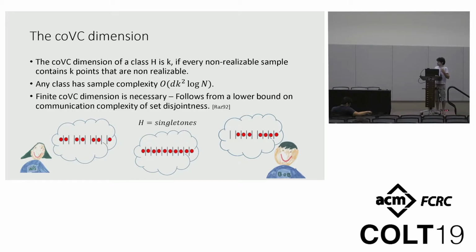If they could learn this class, basically what it means is that they can decide if together they have the whole sample labeled as red. In that case, the sample is not realizable. So it's kind of interesting that we use communication complexity to achieve the lower bound, while we had to use boosting for the upper bounds.